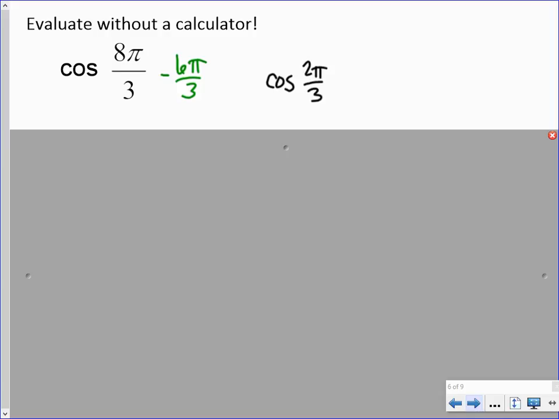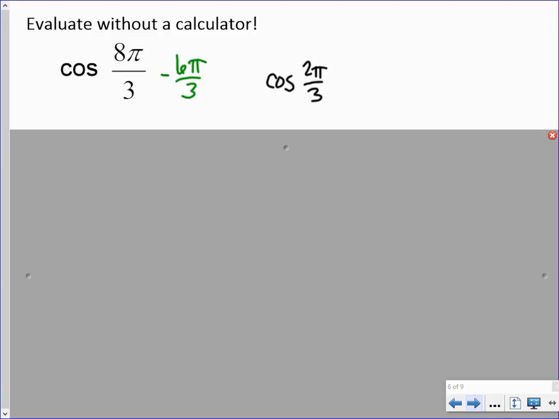Now, in Algebra 2, you would have found the reference angle, pi over 3. You would have drawn the 30, 60, 90 triangle, because that's pi over 6 and pi over 3. And then you would have done adjacent over hypotenuse. And then you would have done all students take calculus. In pre-calculus, you just say 2 pi over 3, what are the coordinates of that on the unit circle?